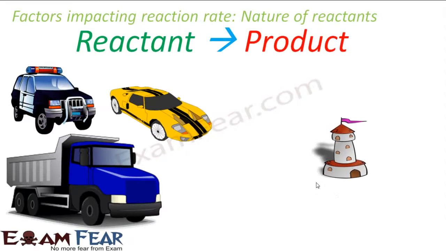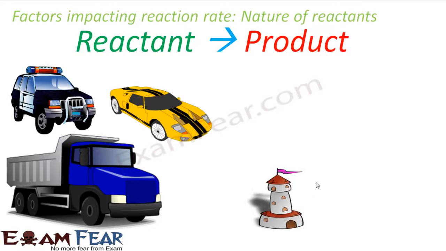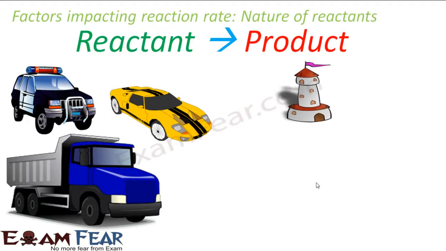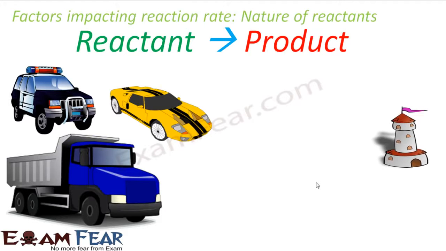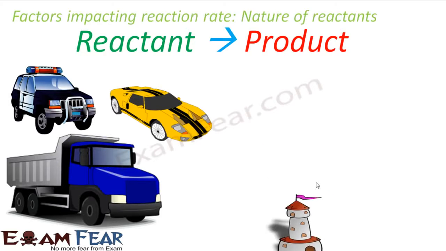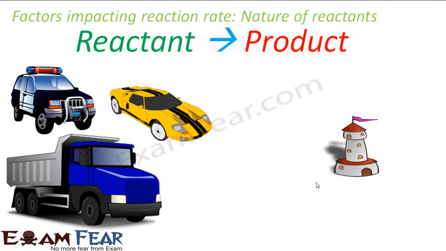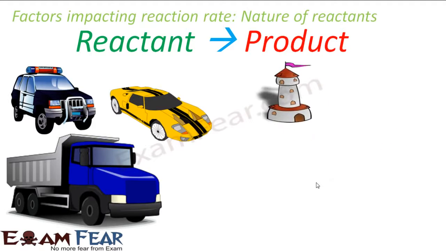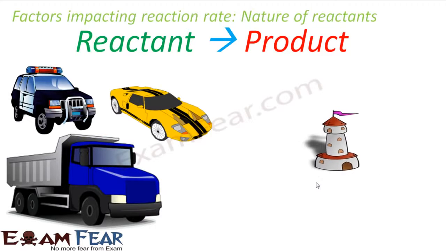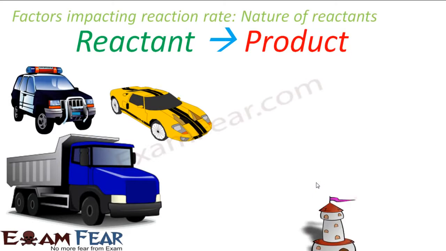Right? The first is the nature of reactant. Just understand, as I told, the reaction happens when two cars hit. Now the scenario is we have this moving pillar, or tower. I'll say the reaction will happen if the star is broken by the vehicles on the left.